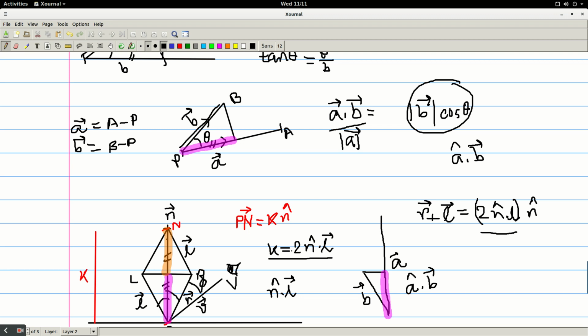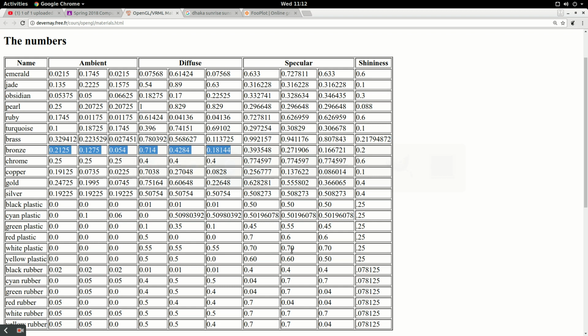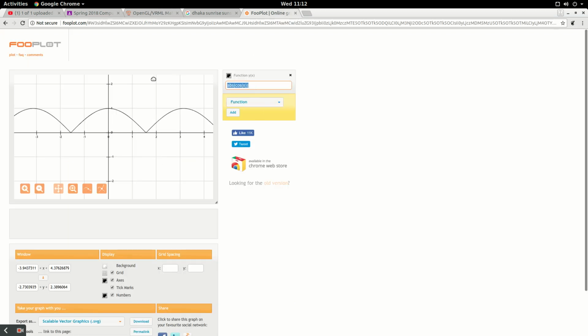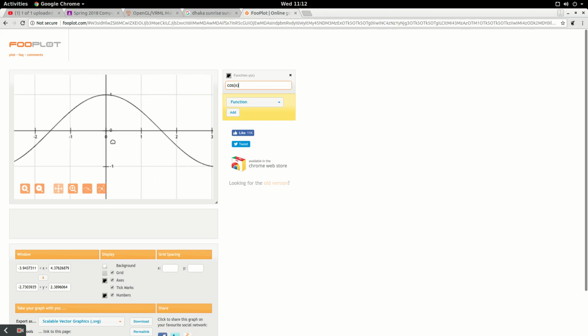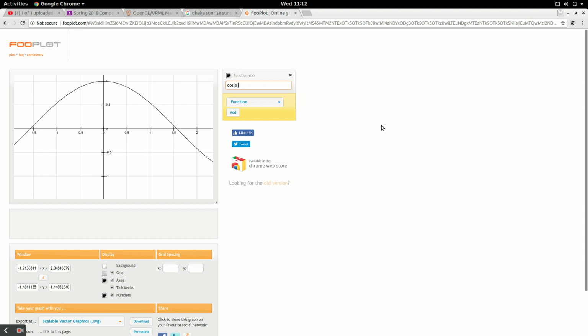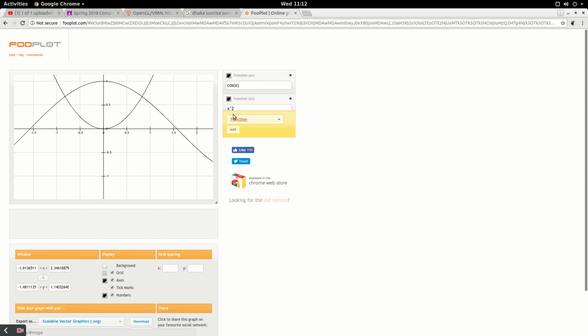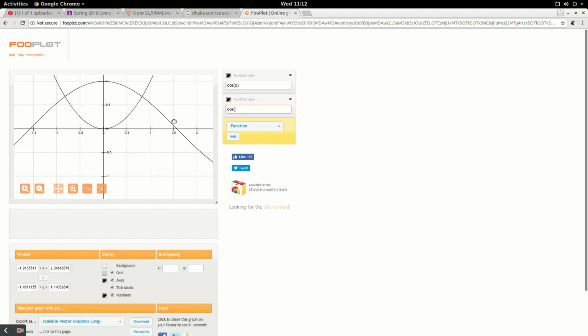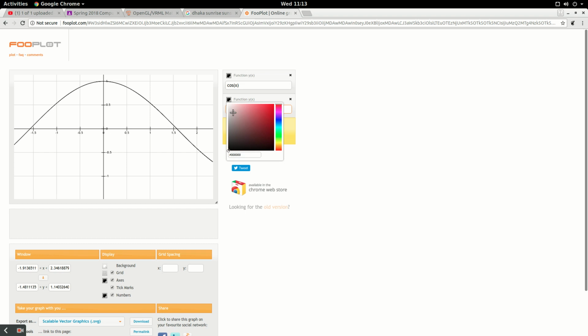Now comes the fun part. Let us go back to the full plot one more time. We know how cos x looks, right? This is cos x, and I'm going to add a few more functions, with a different color.